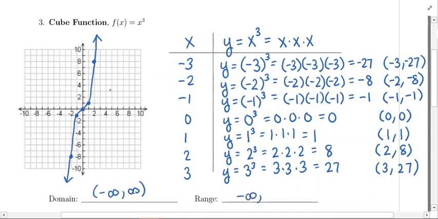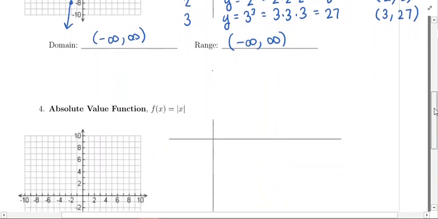And then in the other direction, the graph goes up, up, up forever, so the highest y value is going to be positive infinity. So for the function f of x is equal to x cubed, both the domain and the range is all real numbers.